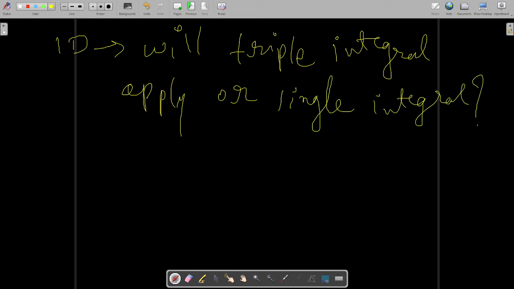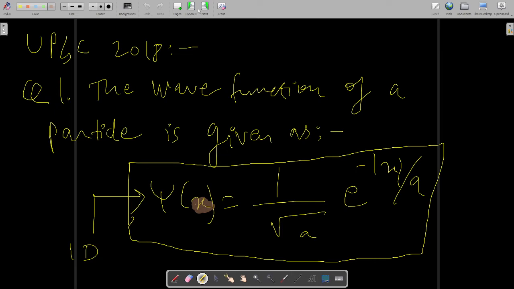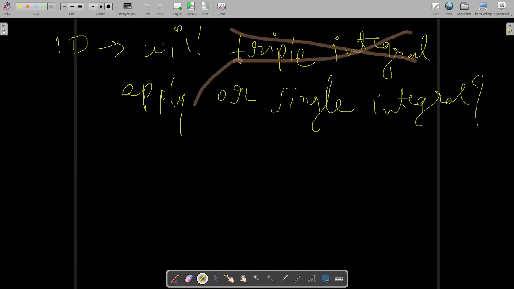This is question number one. The simple answer is that the triple integral will not apply. Why not? Because a triple integral is for volume.